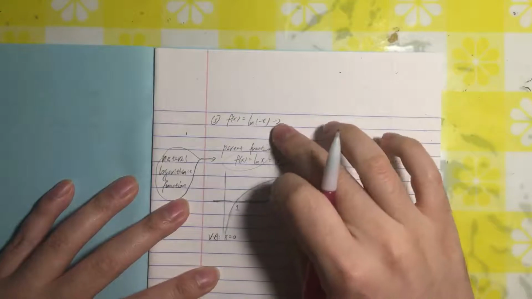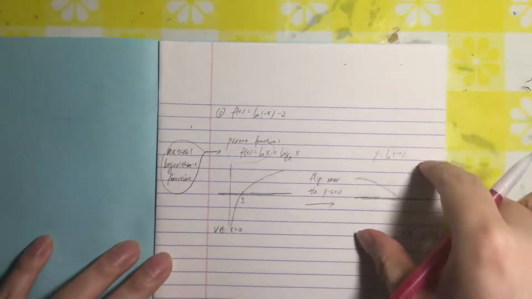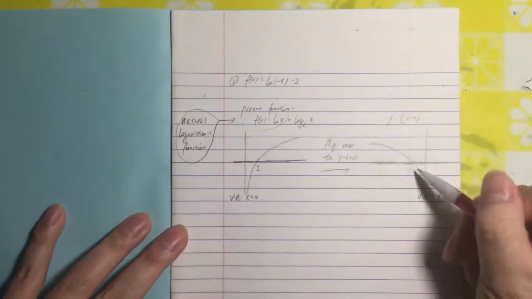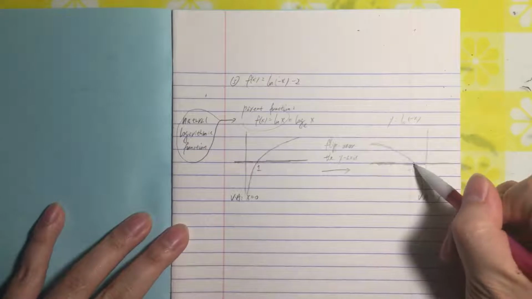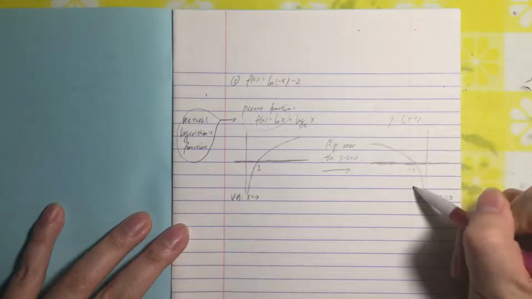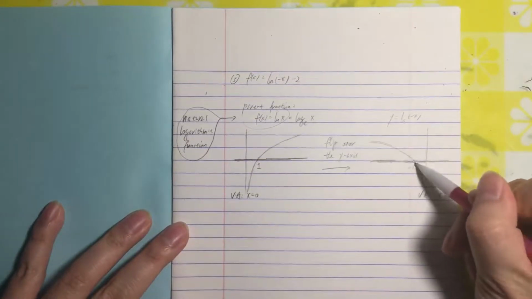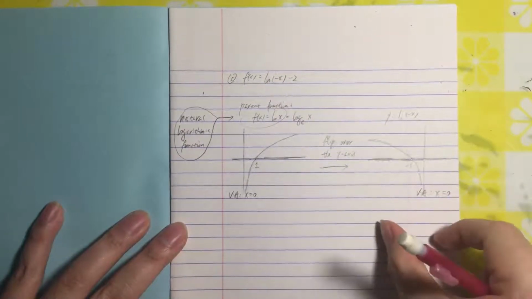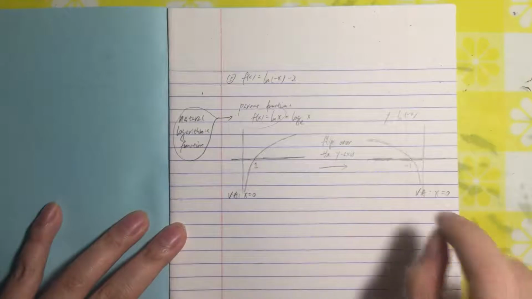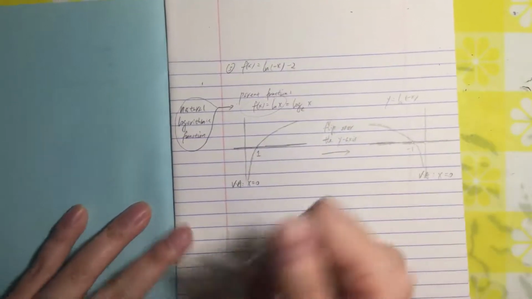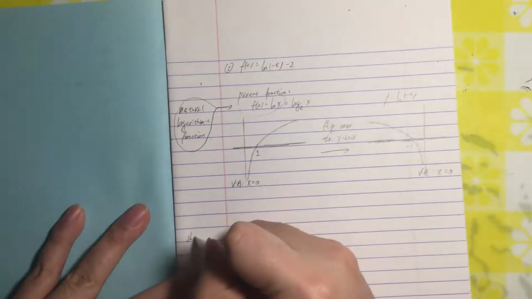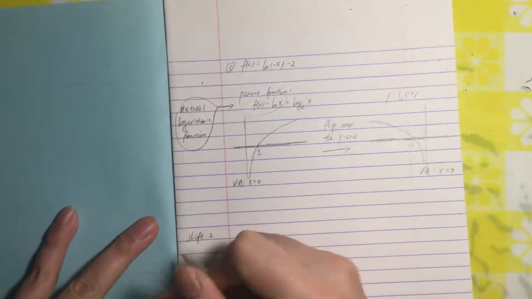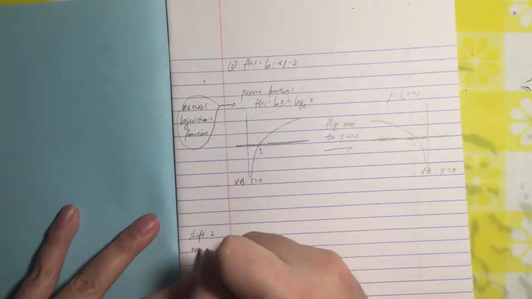When I subtract 2 from the entire function, I shift the graph 2 units downward. So this point becomes negative 1, negative 2. And the vertical asymptote stays the same. If I shift the graph up and down, the vertical asymptote stays the same.